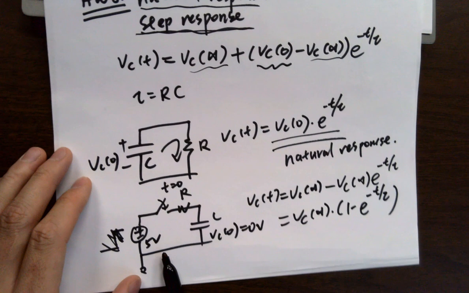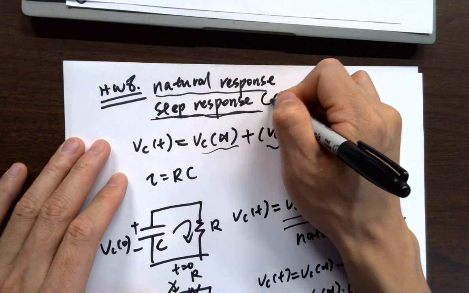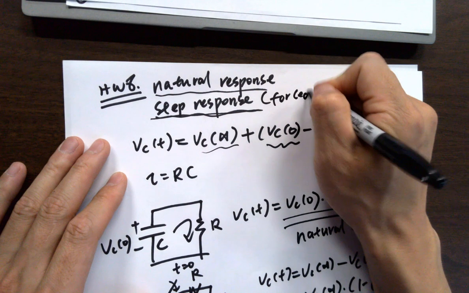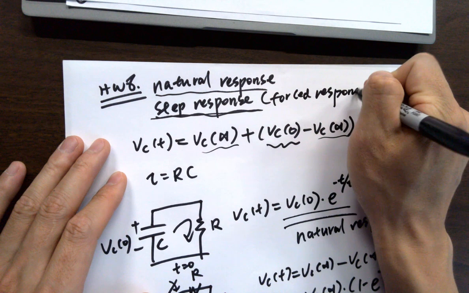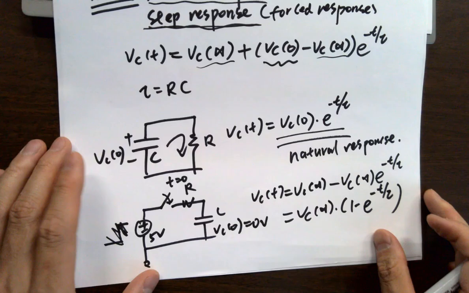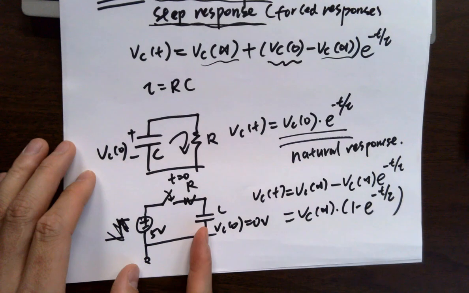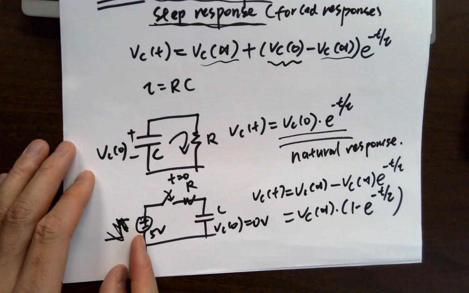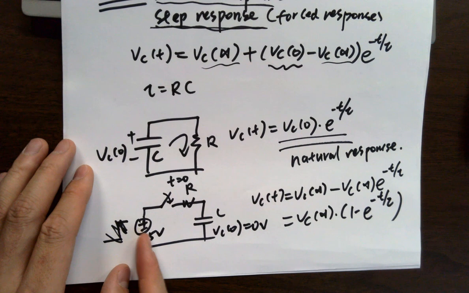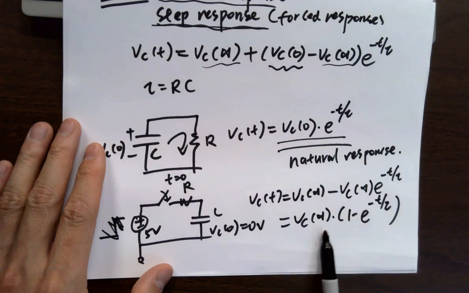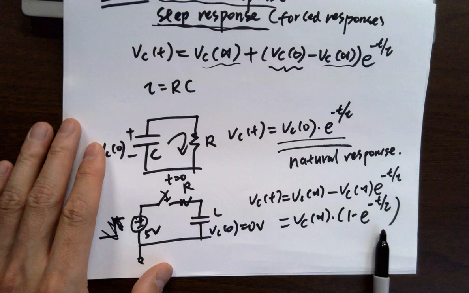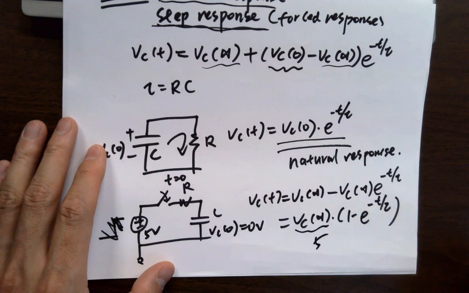This is definitely a step response or forced response. No question on that, because it's trying to force the voltage across the capacitor to be this source voltage. So eventually this becomes 5 volts.